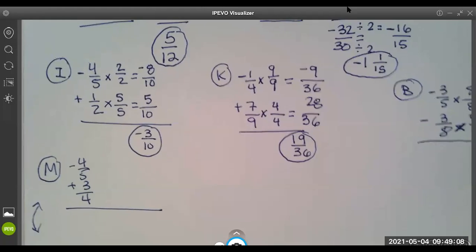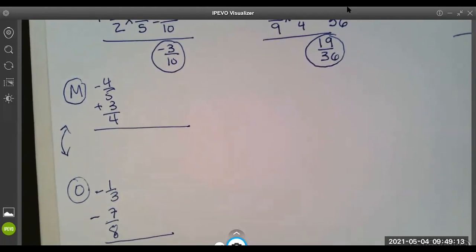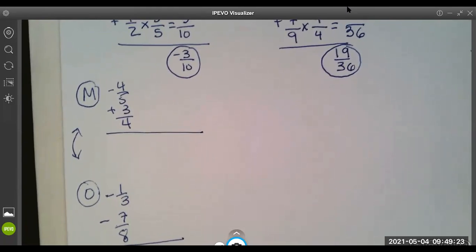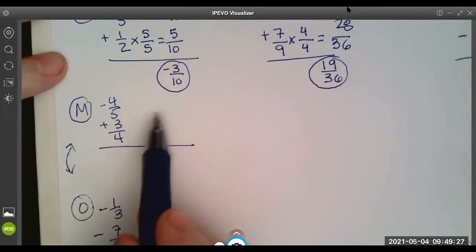So with the target bottom of 20, what do we need to do to the top fraction so I can make it a bottom of 20? What do we need to do to get the bottom of 20?